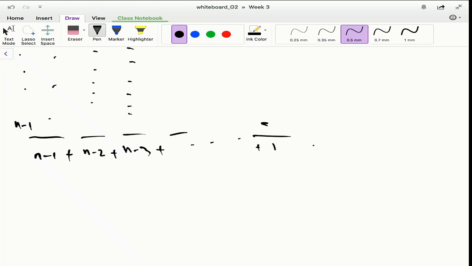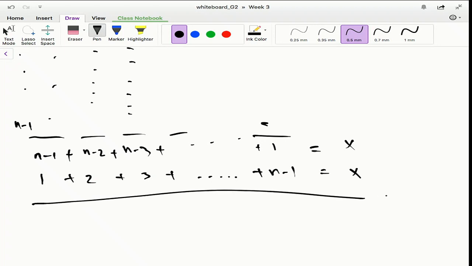So let's suppose that this number is equal to x, right? So what we can do is to write the same number again, but we're going to write it in reverse. That is equal to x, right? So if we sum them up, we know that the right hand side is 2x.